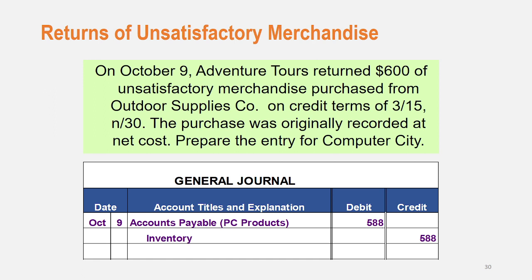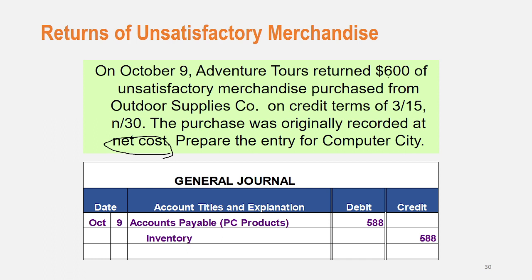Okay, in this case, we consider that a purchase takes place and we paid for it under the net cost method, and we know that the net cost method includes the discount. Not all of the purchase amount is returned.